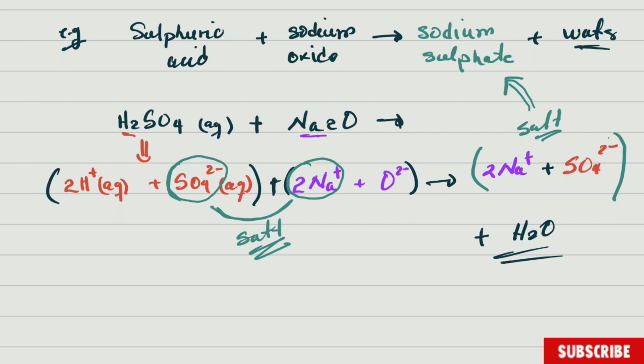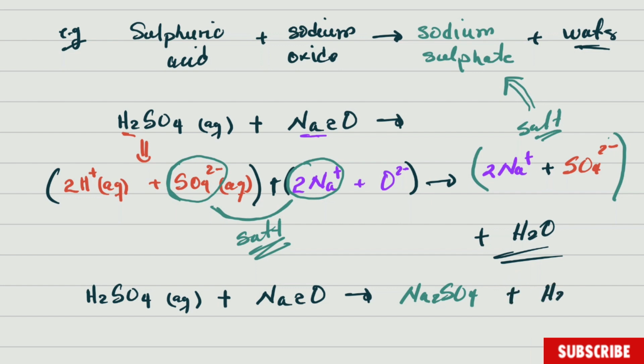So when you come to the net reaction, the final chemical reaction, you will get Na2SO4 plus water. The 2 is at the back. The water is in liquid state, the sodium sulfate is aqueous.